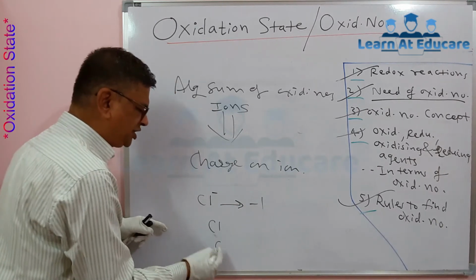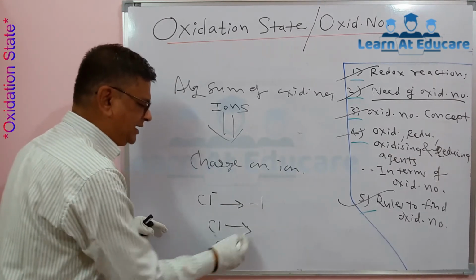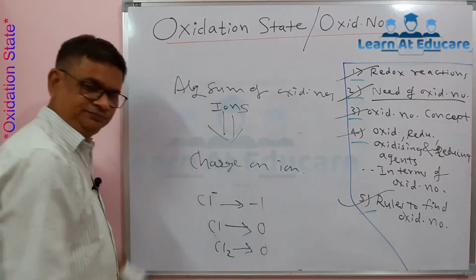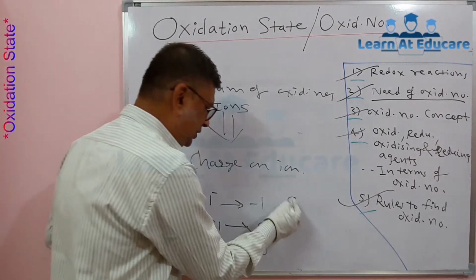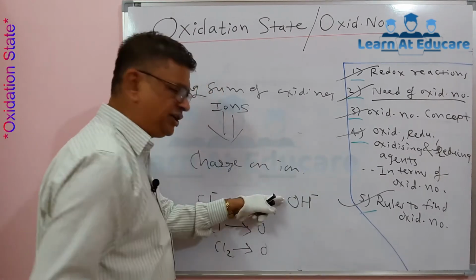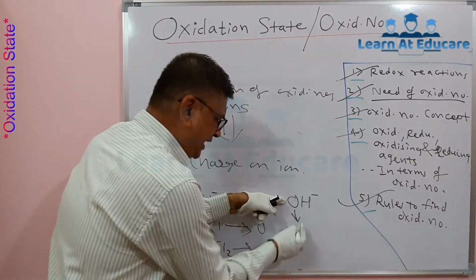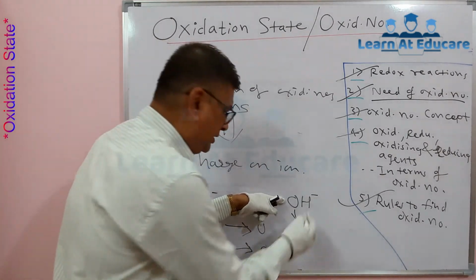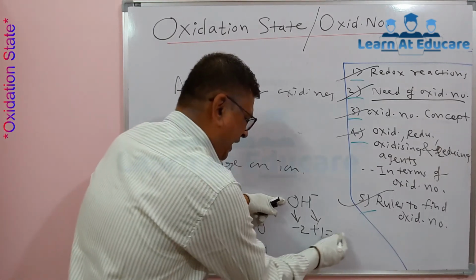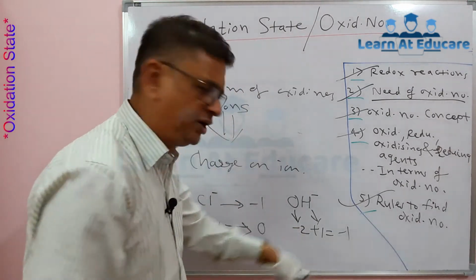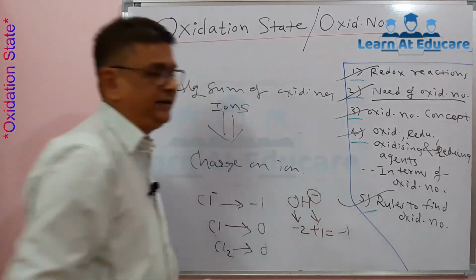However, the oxidation number of chlorine in Cl as well as Cl2 is 0. If you take the OH minus ion, then oxygen has -2 oxidation number, hydrogen has +1, and can you see this sum is -1, which is the charge of the ion.